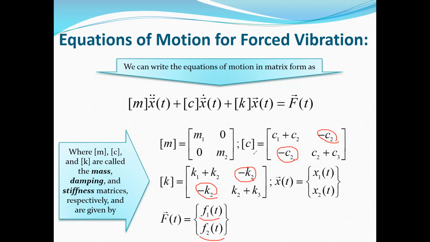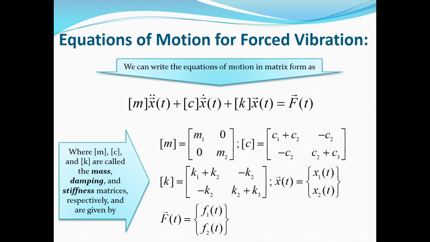And then the motions of masses m1 and m2 would be independent and not related to each other. But in this specific system, you can see the damping and stiffness matrices are not diagonal, and the components which are not located on the diagonal of the matrix are not zero. So these components will create coupling in the equation of motion.